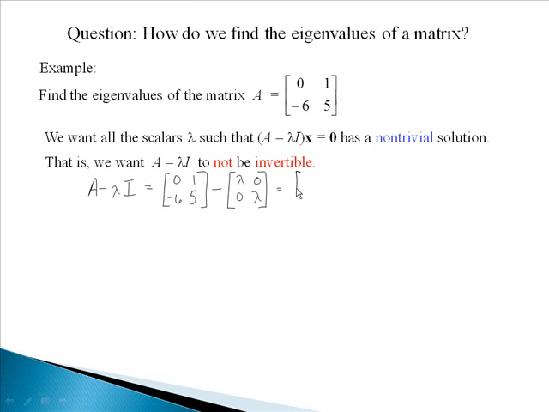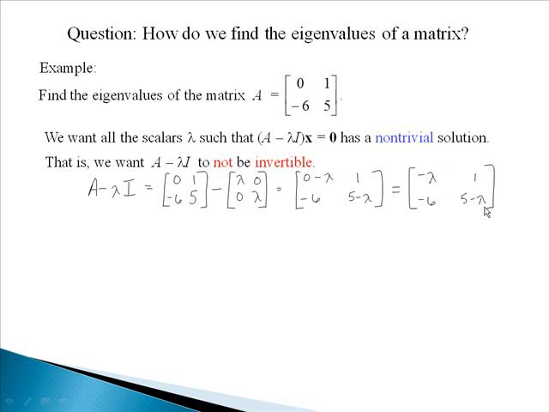And so we then end up with this matrix here, 0 minus lambda, 1, negative 6, and then 5 minus lambda. So we're looking at this, which ends up being negative lambda, 1, negative 6, and 5 minus lambda.